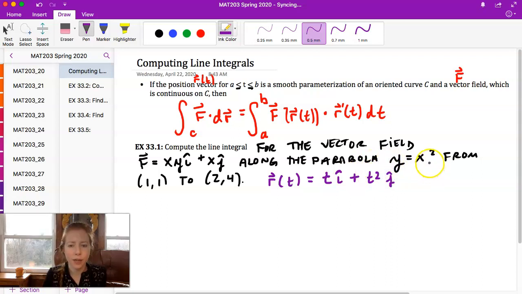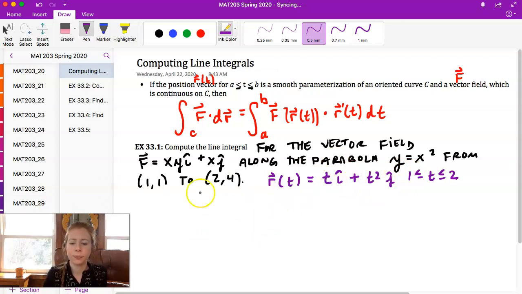And now we need our time interval. So to start at (1, 1), t has to equal 1. So when t is 1, we have 1 i hat plus 1 j hat. And then we're going to go to 2, because then we'd have 2 i hat plus 2 squared j hat, so it would be (2, 4).